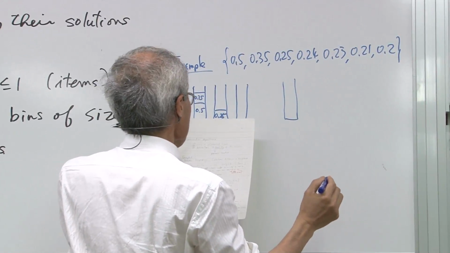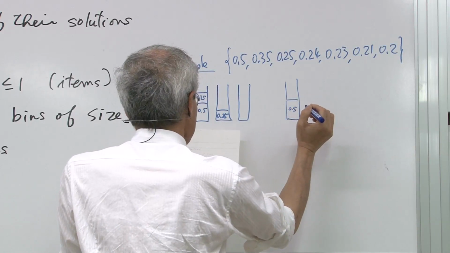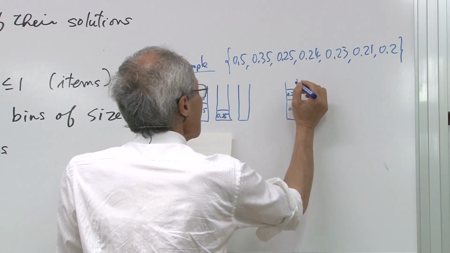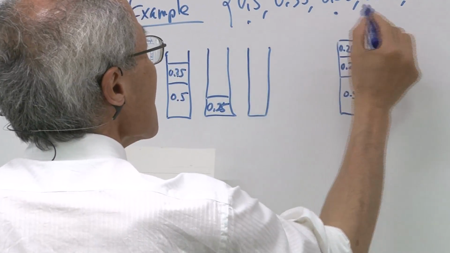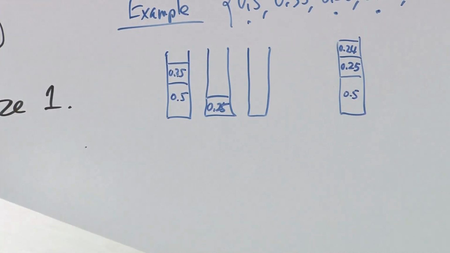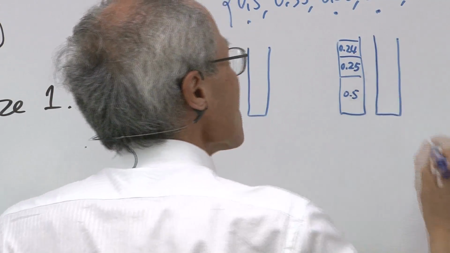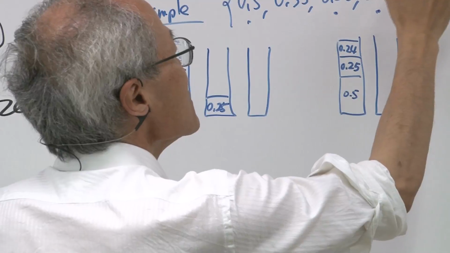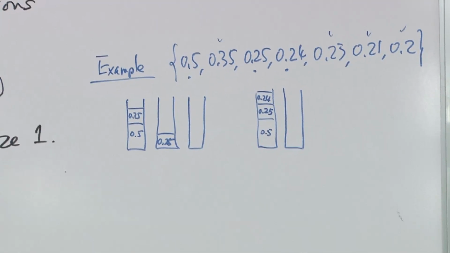If we put 0.5, and this item, and this item, and this item, then all the remaining items, for example, this one, this one, this one, this one, can be put into a single bin.